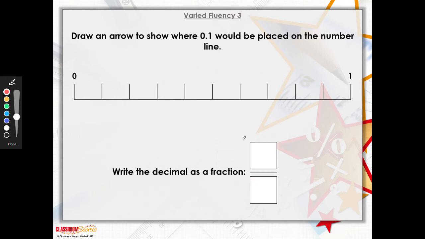If I was to draw 0.1 out here, that's my ones column, that's my decimal point column, and now this is my tenths. And I have 1/10. So there's a 1 there and a 10 there. 1 for the numerator, 10 for the denominator.